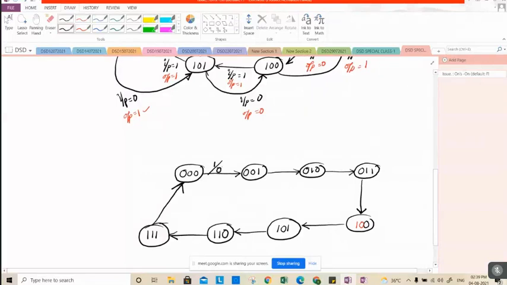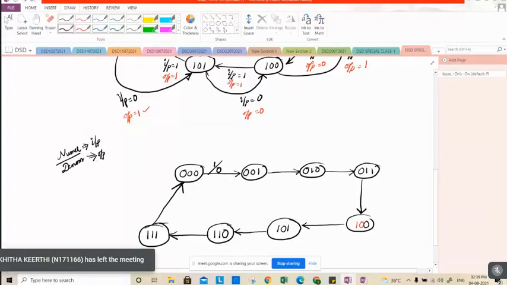So it is represented in this way. This is the standard format. So the numerator is going to represent my input condition and the denominator is representing my output value, right? This is also 1 by 0.